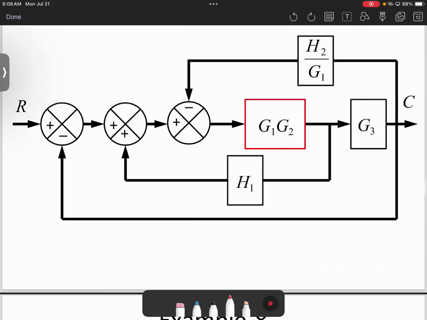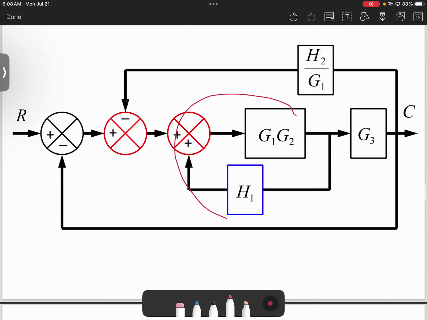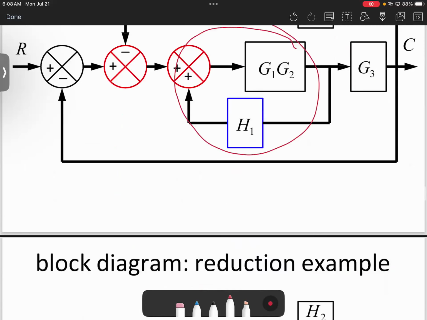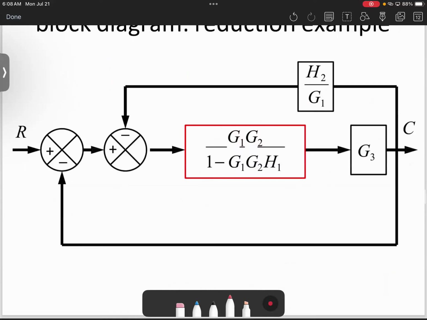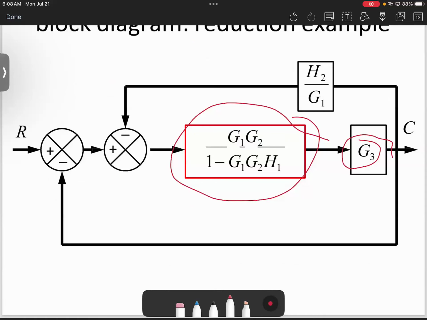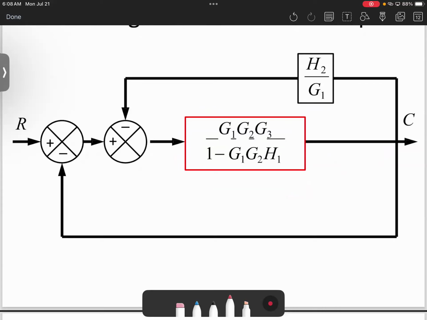If you don't want to do this, what we did next is swap these summing points so we can do a feedback here. Then when we do the feedback, G1 times G2 over 1 minus G1 times G2 times H. That's the next thing. G3 is multiplied by all of this. After that, there is a closed loop here, right?